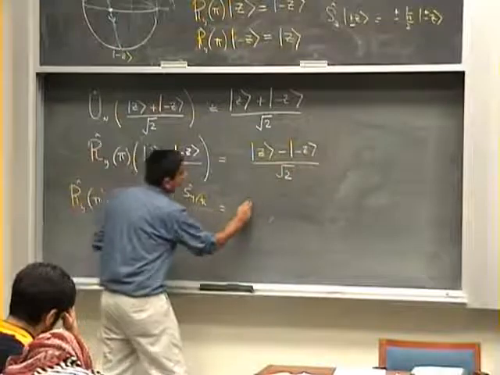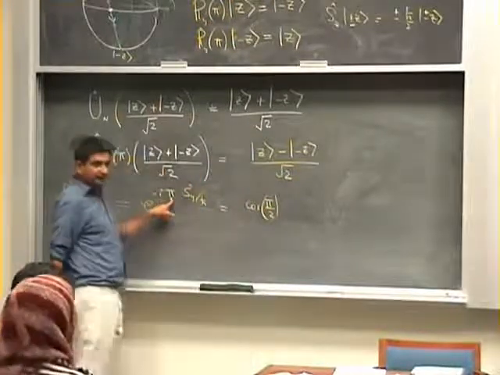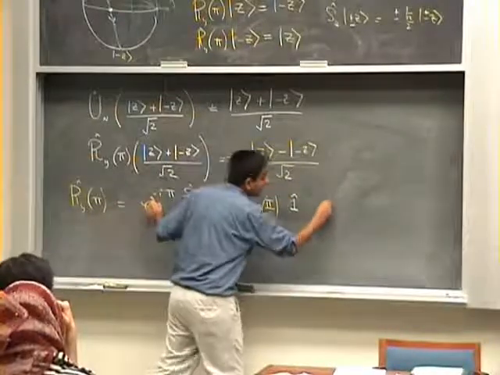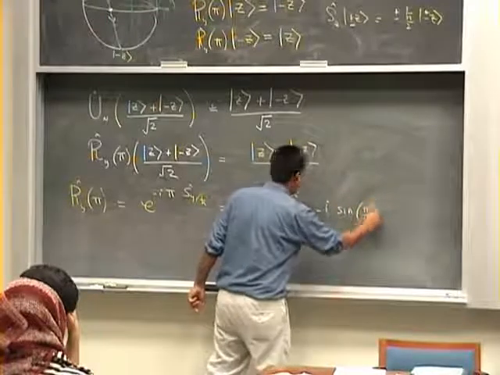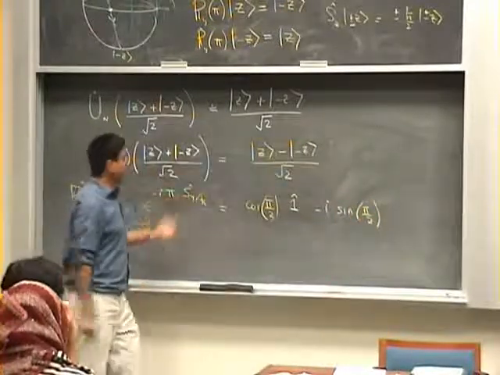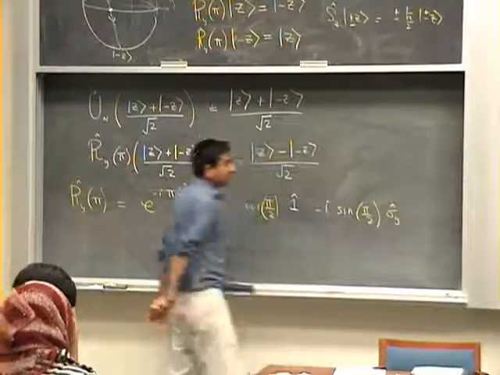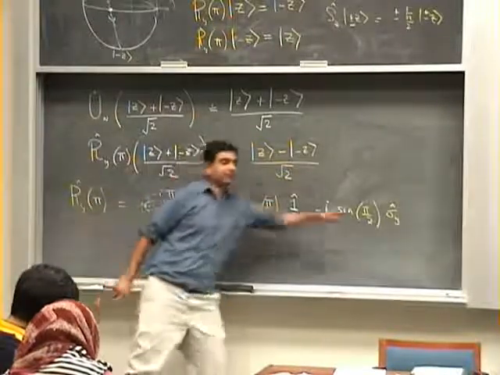This equals cosine of pi over 2, half of this angle, identity, minus iota sine of pi over 2 sigma y. Okay, this is the rotation operator.